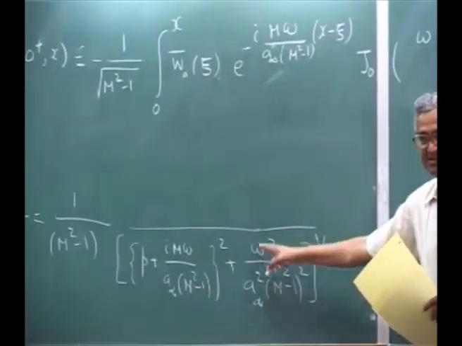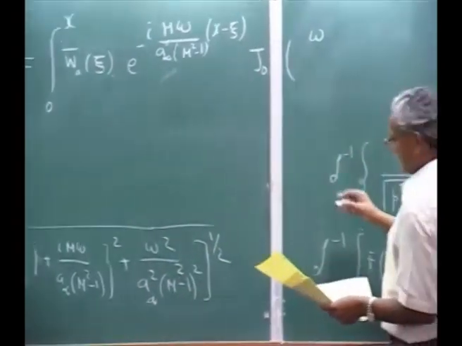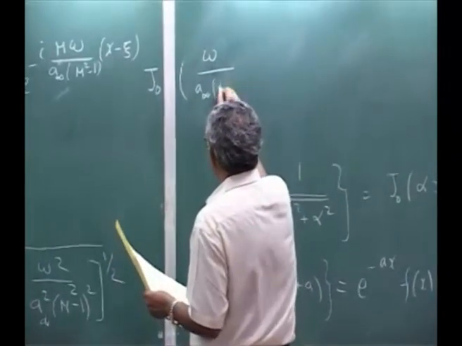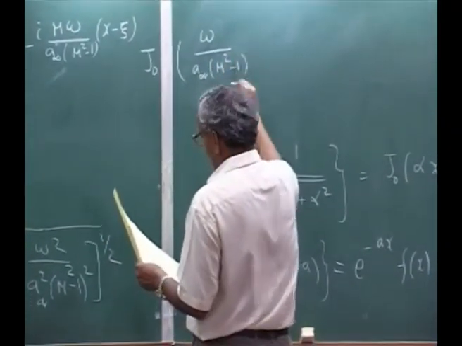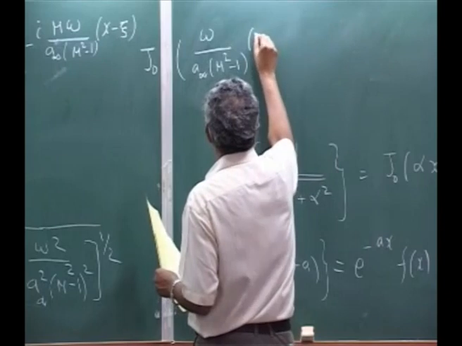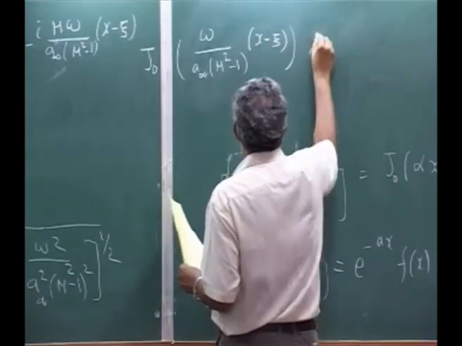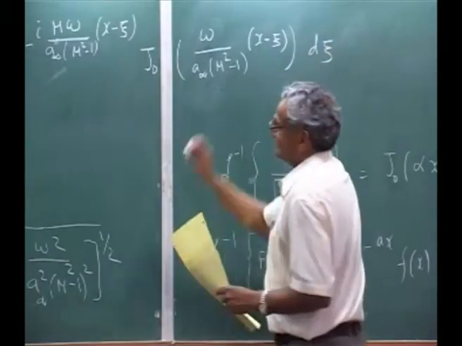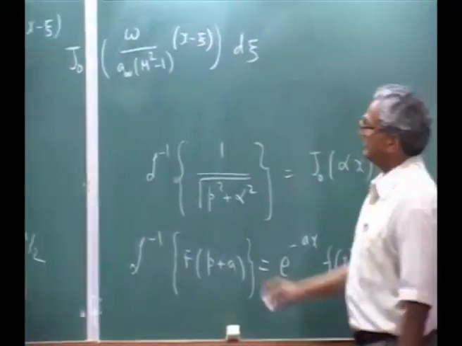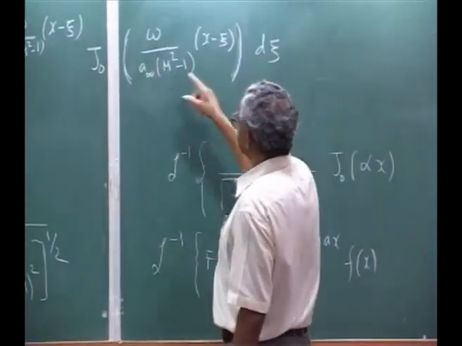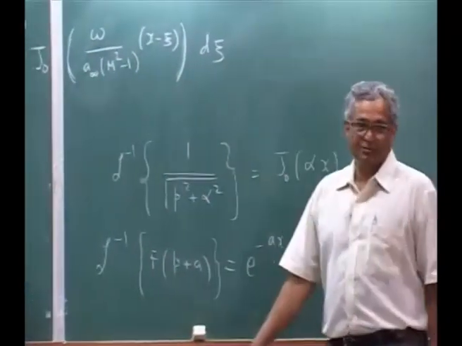Okay, this is alpha square, half of that, omega over a infinity m square minus 1 into x minus xi, into d xi. Please understand, this is within the bracket. Okay, I will put it like this.